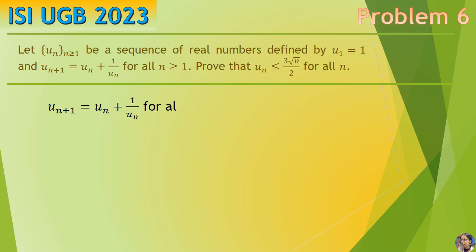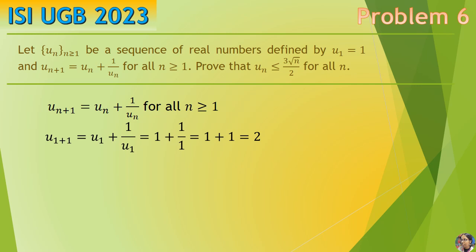Un is defined by the recursive relation, and u1 equal to 1. We see that u2 equal to u1 plus 1 upon u1, equal to 1 plus 1 upon 1, equal to 2.